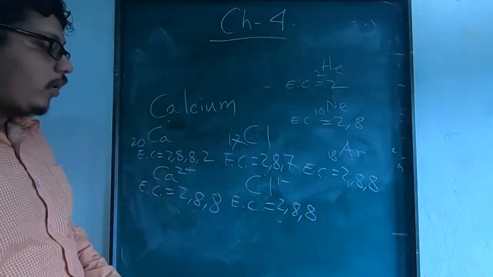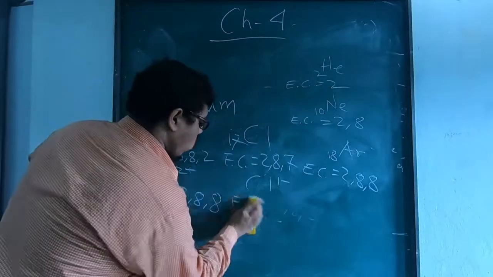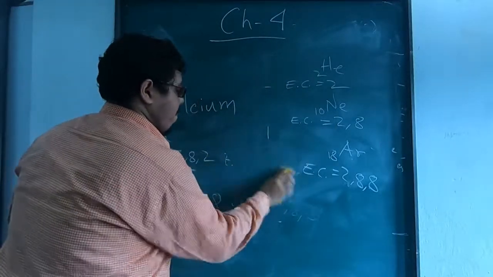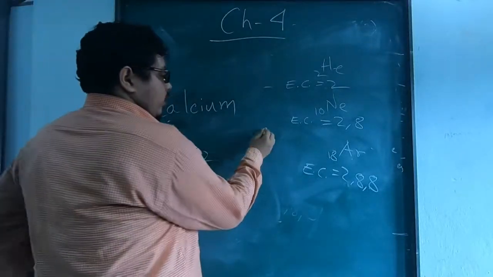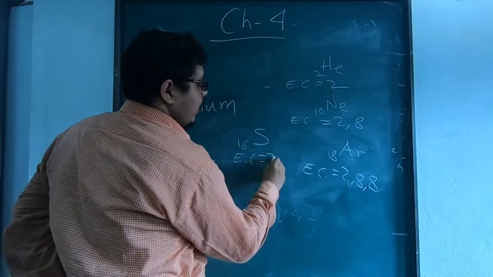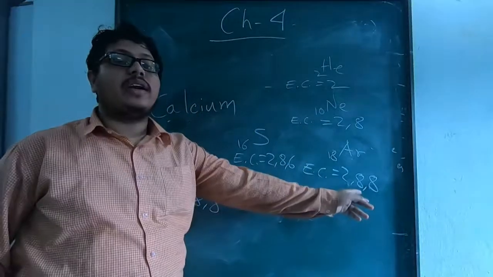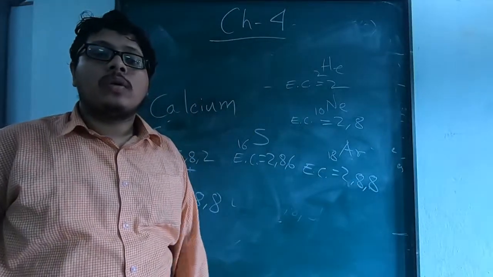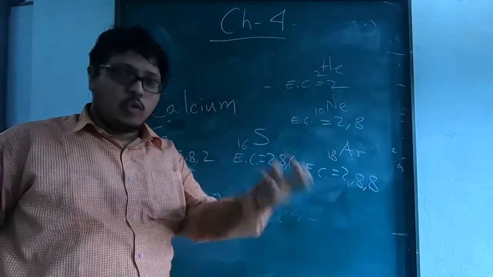Say if I take the example of sulfur, which is 16 atomic number, so electron configuration will be 2, 8, 6. Now how many needed to become like argon? You can see last shell 6, argon last shell 8. 2 more needed.